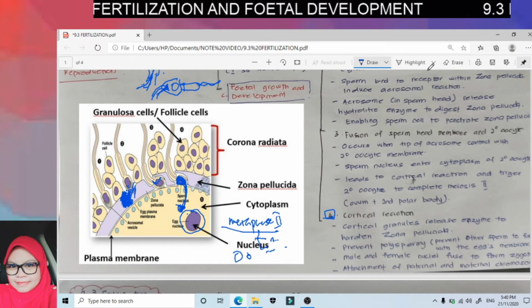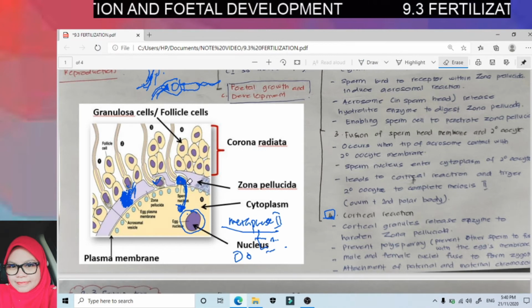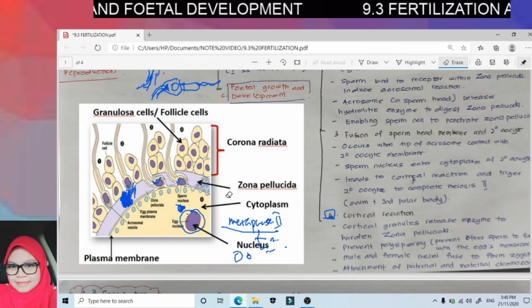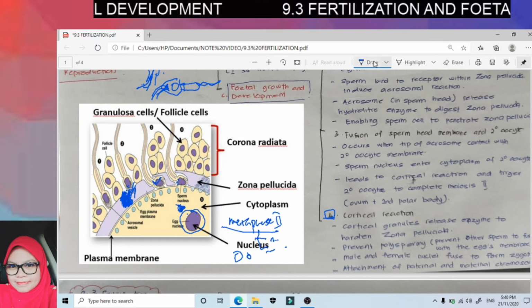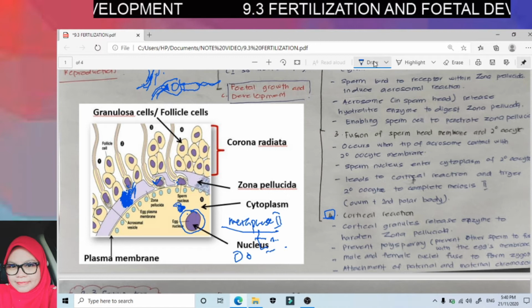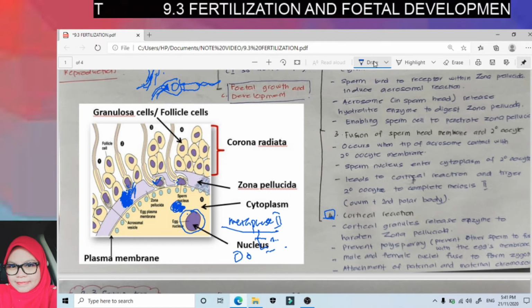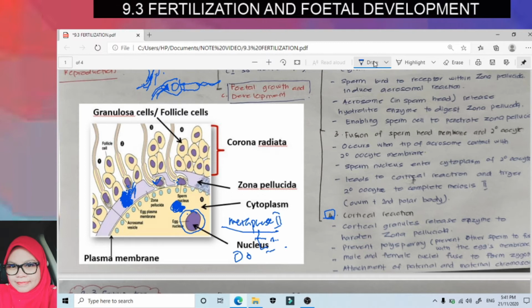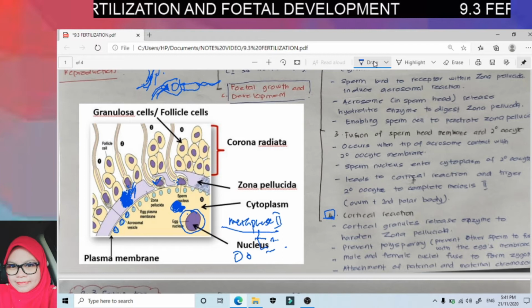Now the sperm head has already released the nucleus. So katakanlah di sini dah ada sperm nucleus. Masuk sahaja sperm nucleus. This is the cortical granule.